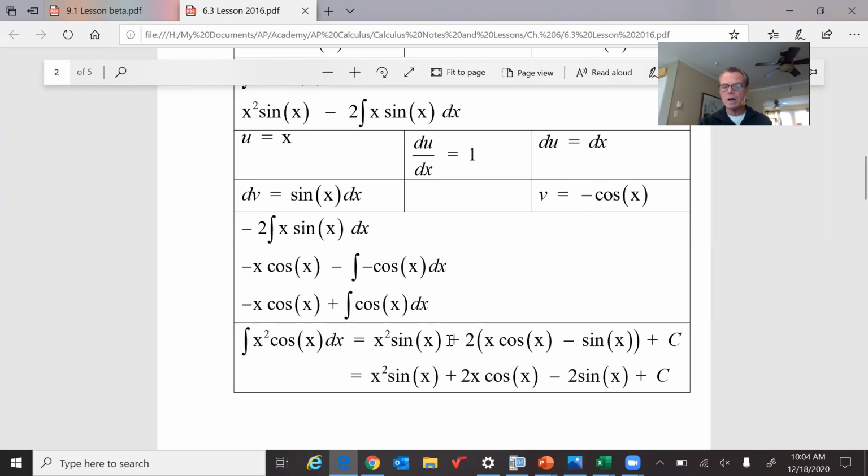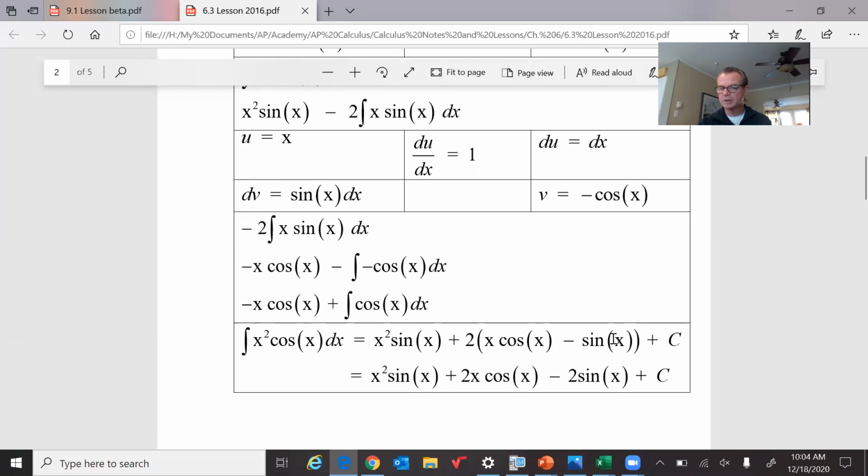Right, plus what? Well, it's plus 2 because I was subtracting all of this. When you're subtracting a negative, so that 2 gets distributed over everything, you would have plus 2x cosine x, right? And then this thing is sine x, but you're distributing a subtraction over that.